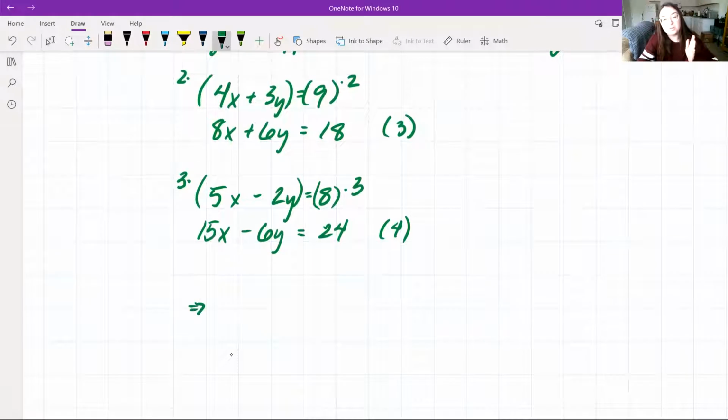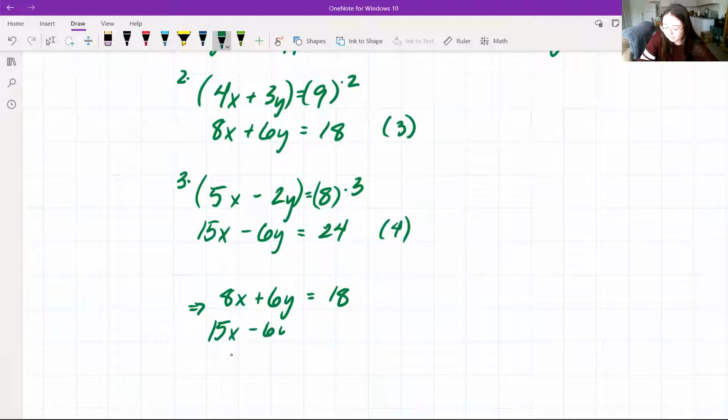So this means that our new system of equations 3 and 4 are 8x plus 6y is equal to 18, and 15x minus 6y is equal to 24. So we see we have opposite coefficients for y.